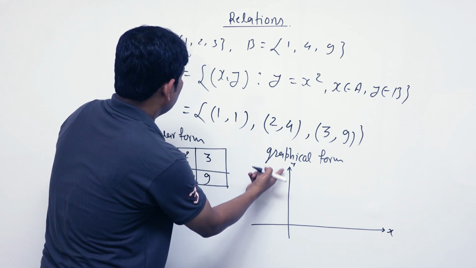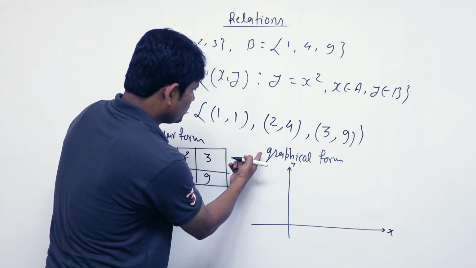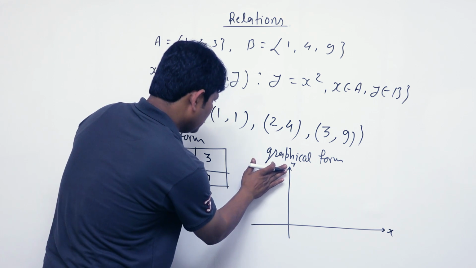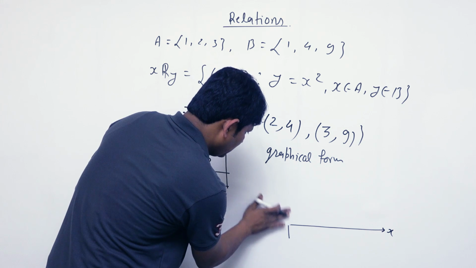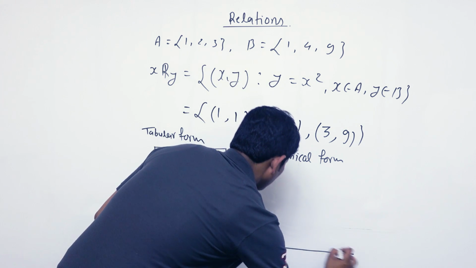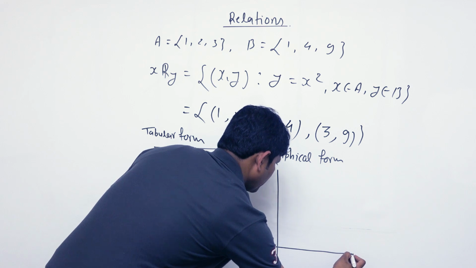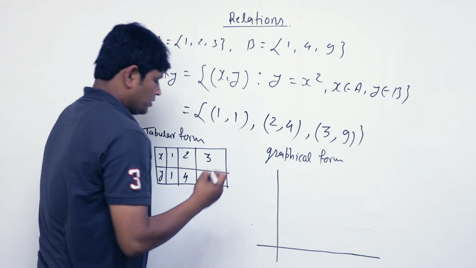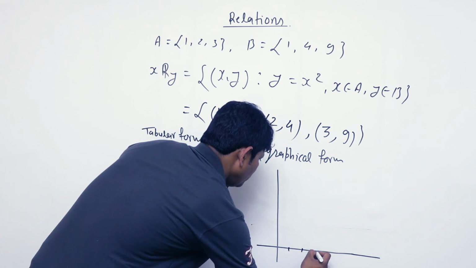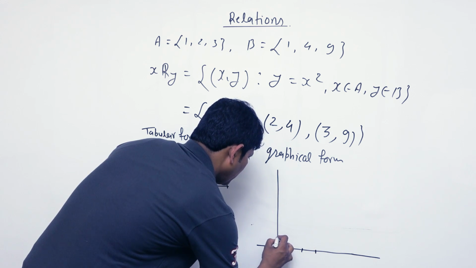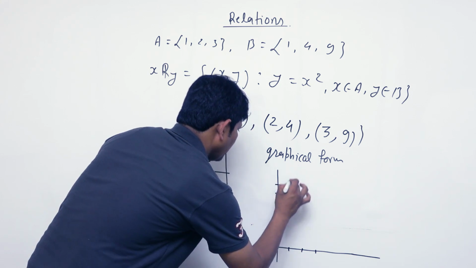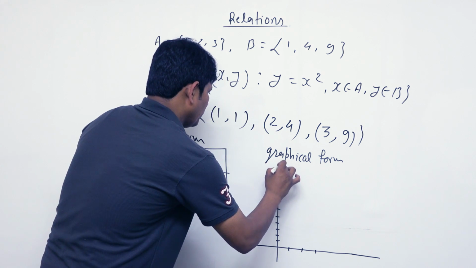There is not sufficient space here, so I will write a little bit here, a little bit down. Okay. So there is 1, 2, 3. There is 1, 2, 3, 4, 5, 6, 7, 8, 9. We need only that much.